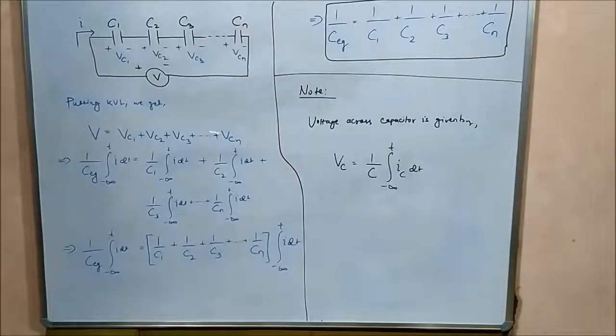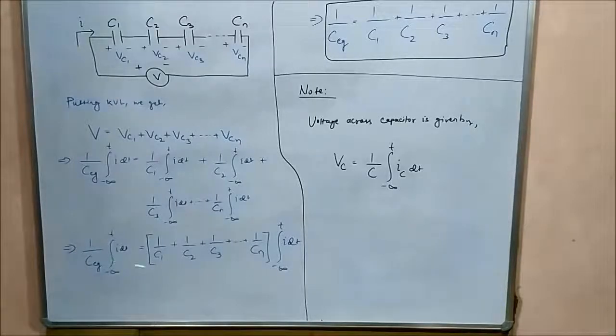So from this expression, we can take the integral from minus infinity to t, i dt, as common from both the LHS and the RHS. Okay, so we have done that. So if we cancel this out from both the LHS and the RHS, we can see that 1 by C equivalent is equal to 1 by C1 plus 1 by C2 plus 1 by C3 plus 1 by Cn.